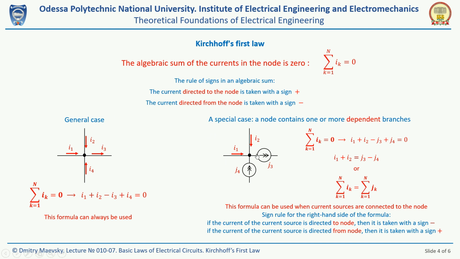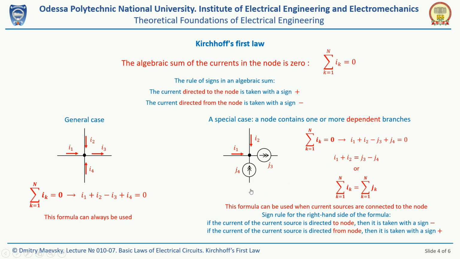Consider, for example, a node which includes branches containing current sources, as shown in this figure. In this case, we can write the equation of Kirchhoff's first law as shown in this formula. Current source number 3 leaves the node, so its current in the equation is written with a minus sign.